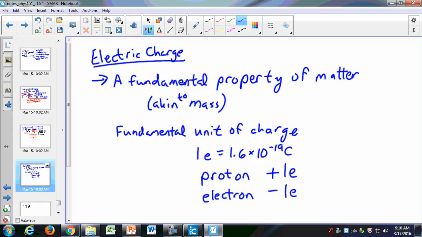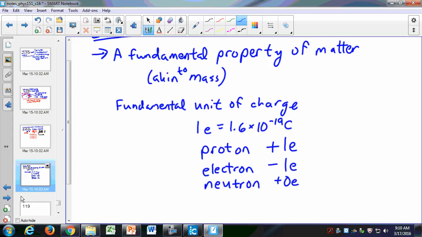It is the fundamental unit of charge. By the way, a neutron, which is so named because it's neutrally charged, has a net charge of 0e. So it has no net charge at all.